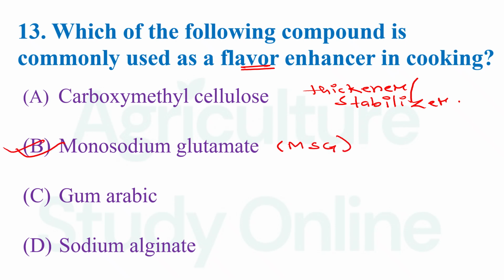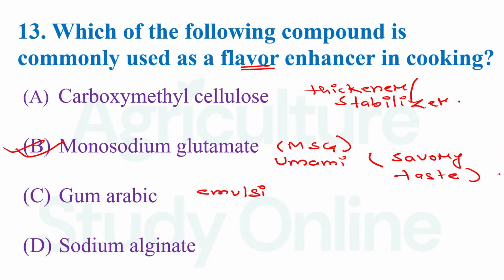It's a common flavor enhancer and it basically gives umami, savory taste. Gum arabic is used as an emulsifier or a stabilizer. Sodium alginate is used as a gelling or a thickening agent.